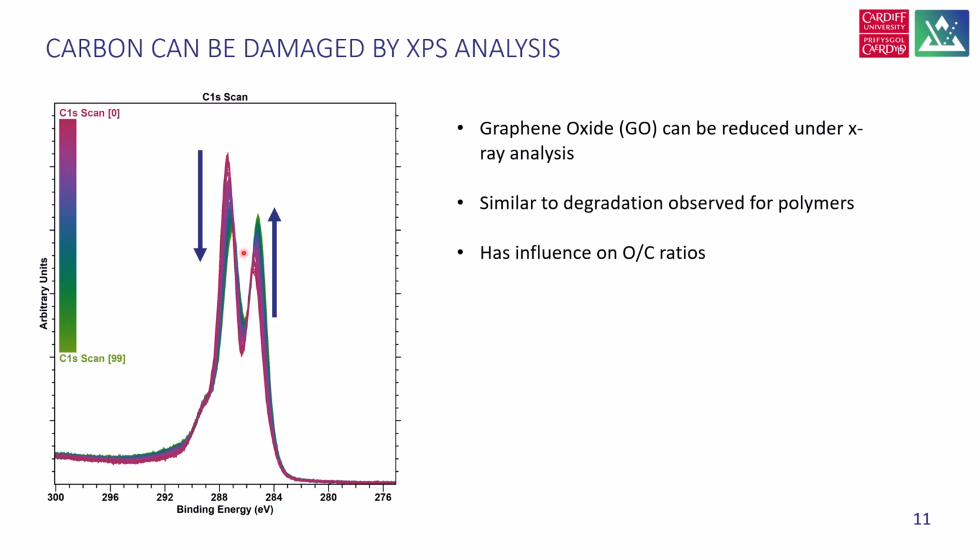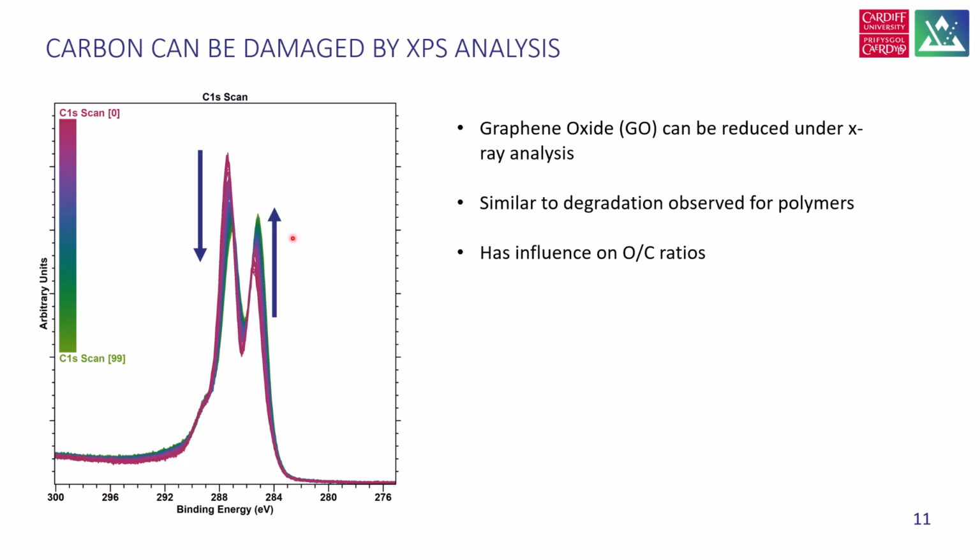Now this is very similar to degradation observed for polymers, so you have to think about how you perform experiments on things like graphene oxide, what system you're looking at, how long you scan for, and so forth. And of course this degradation, this change, as we can see, there's subtle changes in the positioning of the data, so we can't typically get absolute binding energies unless we record the data in the correct way.